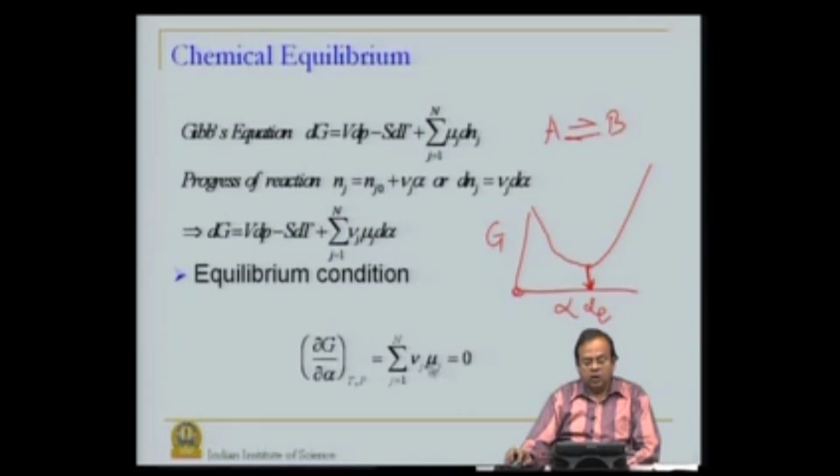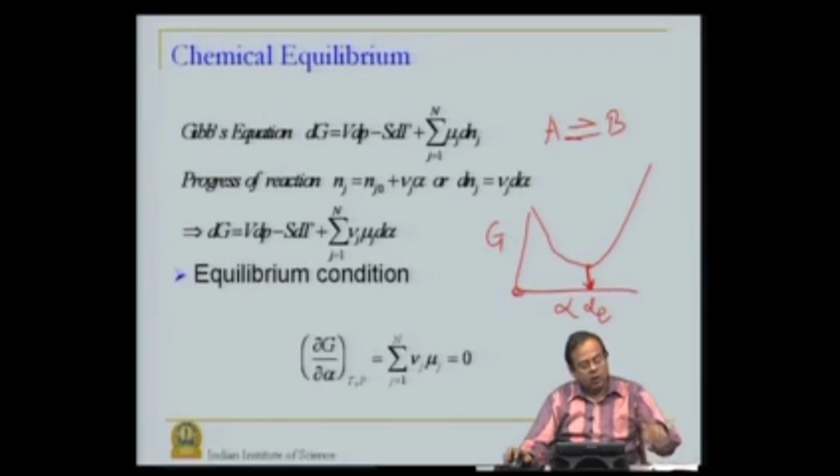That is, the product of the stoichiometric coefficient and the chemical potential of a species, combining contributions from all the species, must be equal to 0.